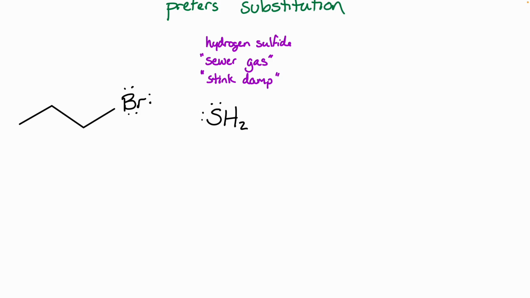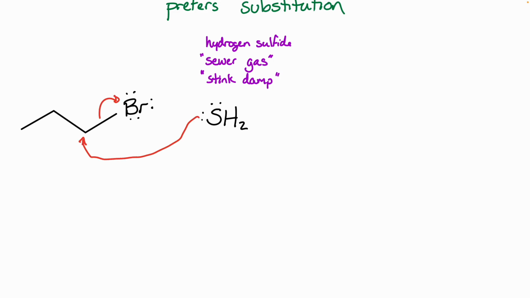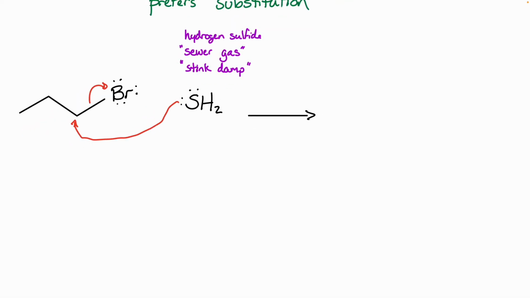All right, and our stink damp here is a really good nucleophile, and we have this good leaving group in our molecule here. So what we're going to see is a substitution reaction where that nucleophile attacks that electrophilic carbon and kicks off that leaving group. And now we have formed our thiol.